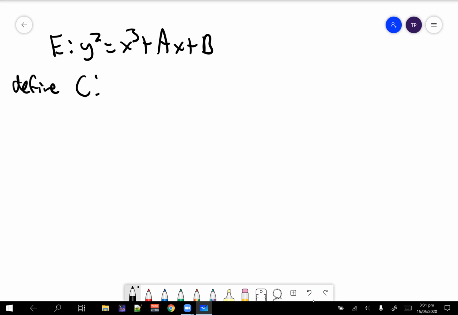So recall we have this elliptic curve here, and we want to define a cubic equation, the second curve C: s equals t cubed plus a t squared s plus b s cubed.